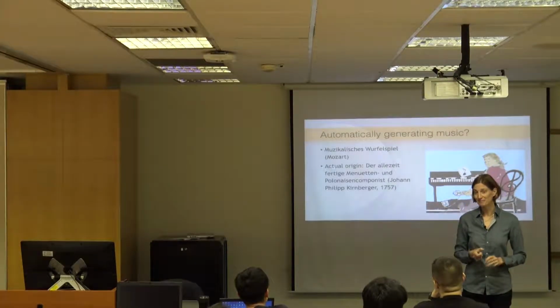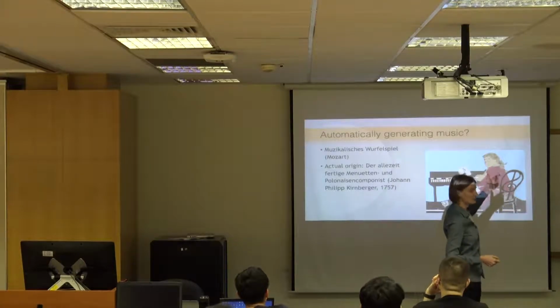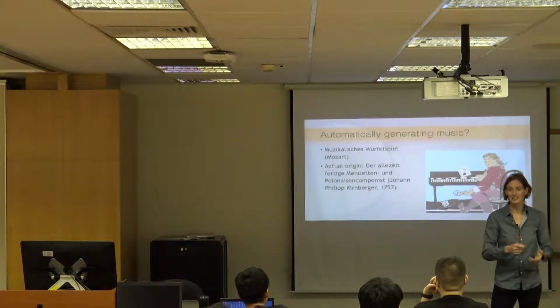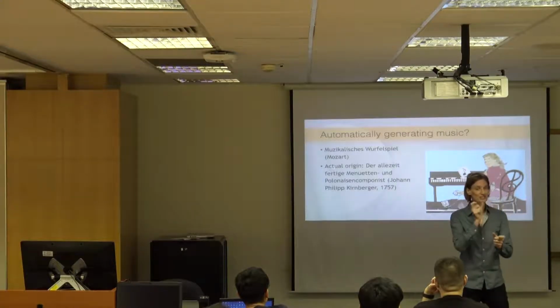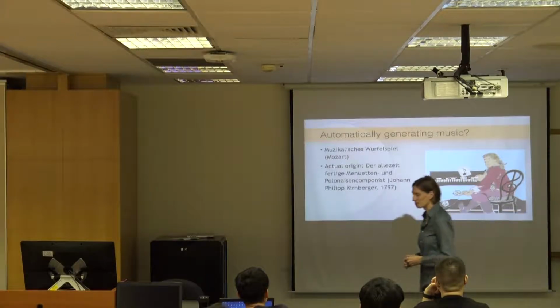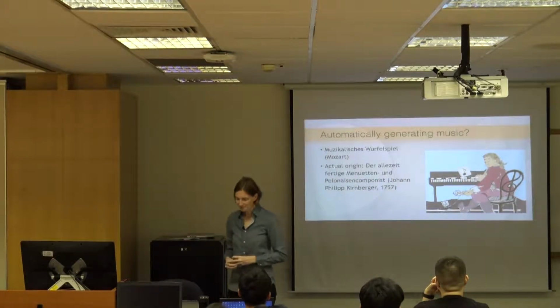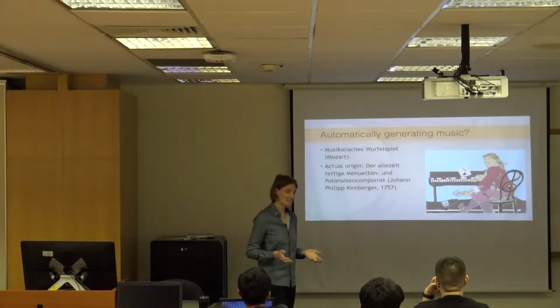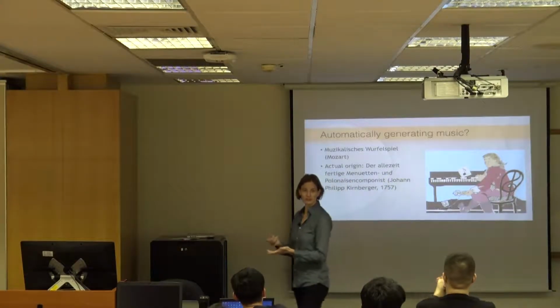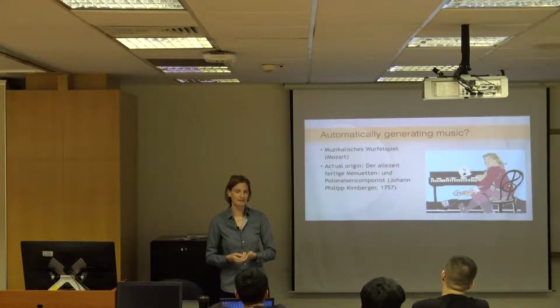How did he do that? He'd have little bars of music labeled 1, 2, 3, 4, 5, 6. You'd roll a dice, and then your composition would be based on what you rolled with the dice. The Musikalisches Würfelspiel, they called it. Now everybody thinks it's made by Mozart, but it's actually made by Johann Philipp Kernberger.